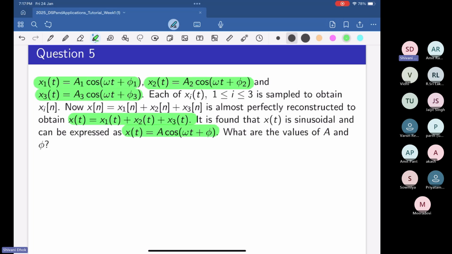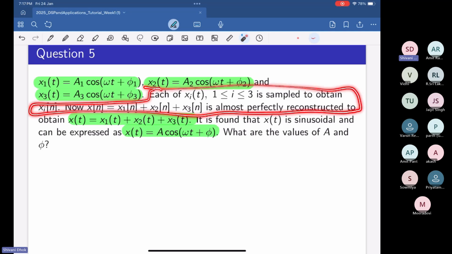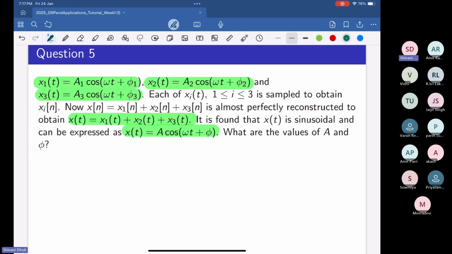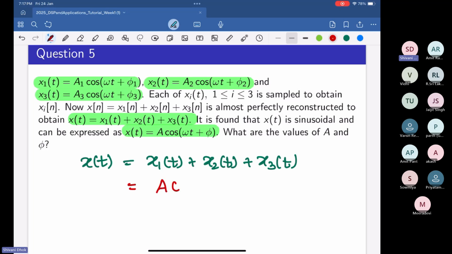So basically, this line particularly given here is just to confuse you. What is asked is, we are given these three signals x1 of t, x2 of t, and x3 of t. And we have this x of t as x1 of t plus x2 of t plus x3 of t. And this takes a form of a cos omega t plus phi.